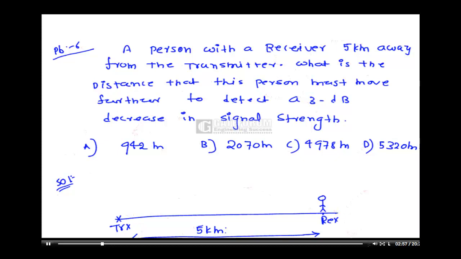So he has to move some distance so that the signal strength will decrease by 3 dB compared to the person at this particular place. So the person is, suppose, here with the receiver in his hand. Here the signal strength is 3 dB lower compared with the person at this particular position.